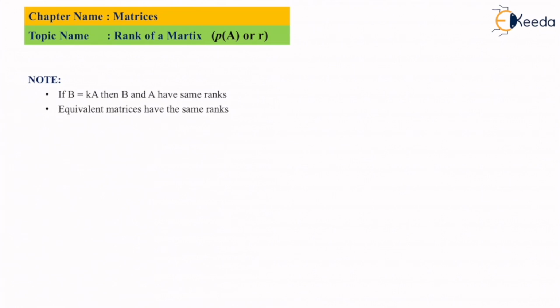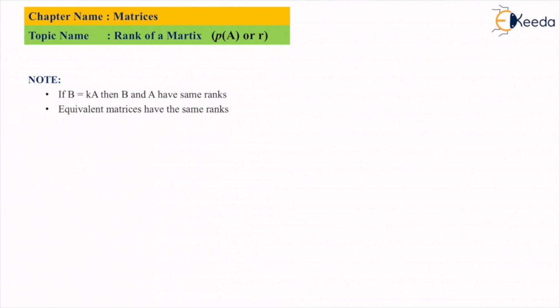Now let's see a few properties or some notes. Let's say B is a matrix which we got by multiplying the matrix A by some scalar k. In that case, if you check the rank of B and A, it is always the same. So this property you have to remember. Next, equivalent matrices. Now what are equivalent matrices?